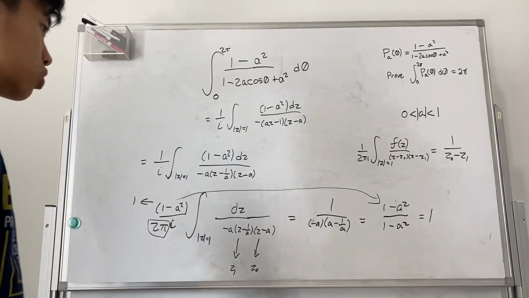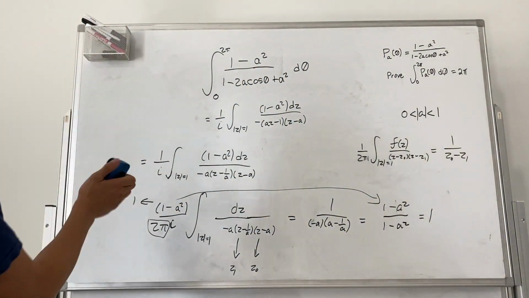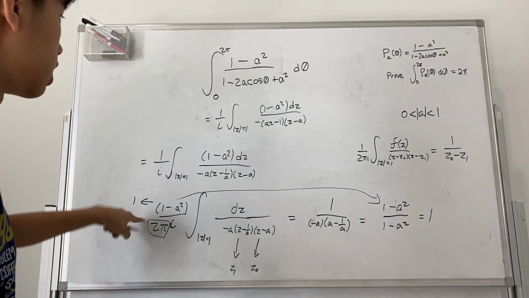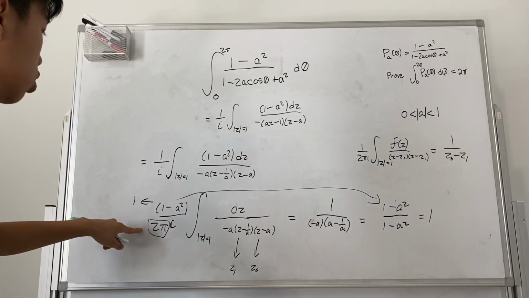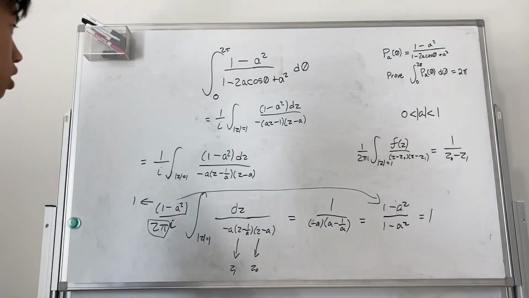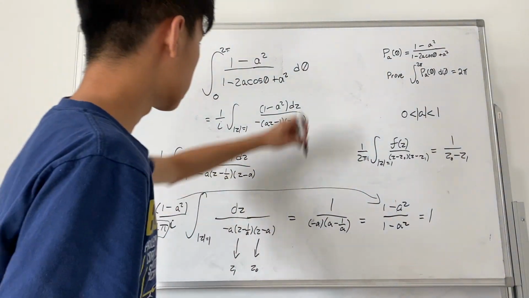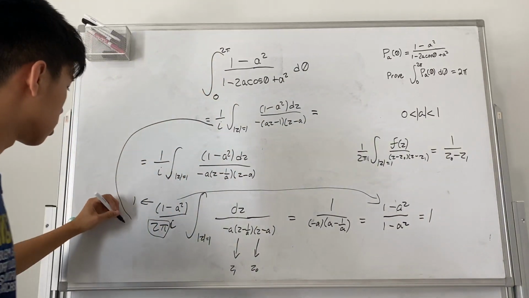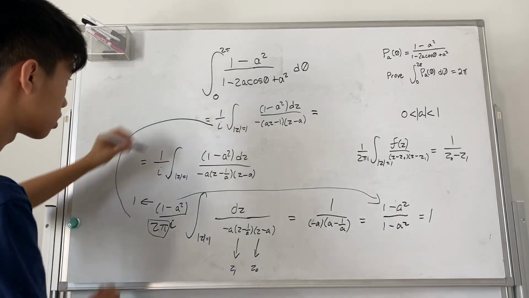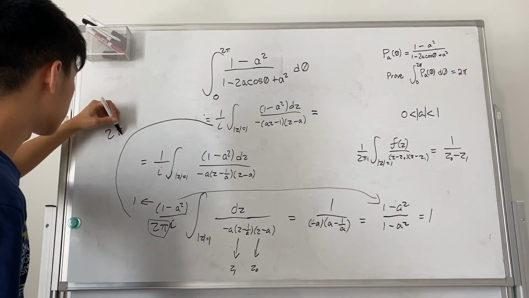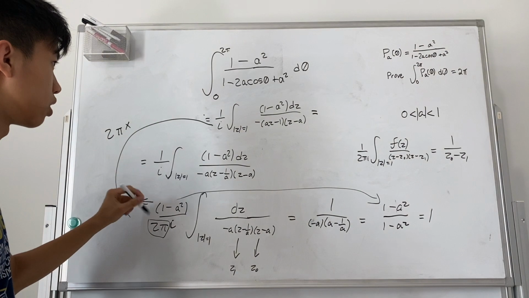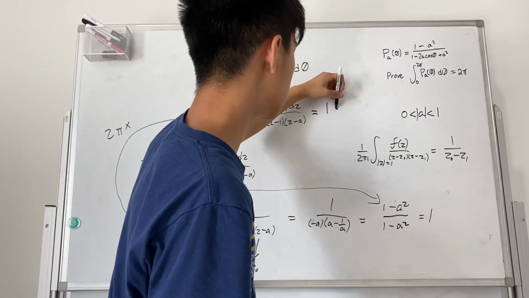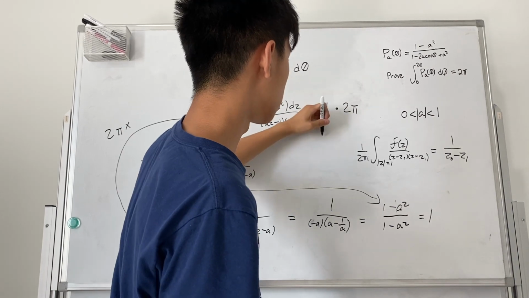this expression equals 1. The only difference between this expression and this expression up here is this 2 pi factor from below. Therefore, the expression up here is 2 pi times greater than the one down here. Therefore, this is equal to 1 times 2 pi, or 2 pi.